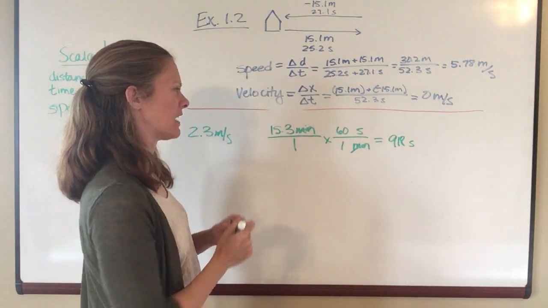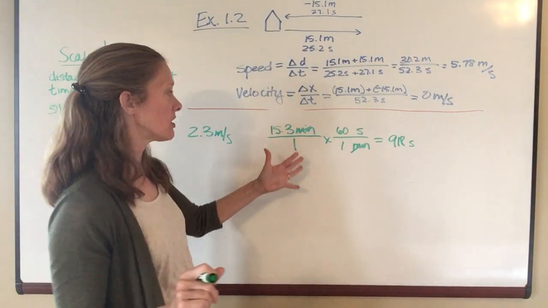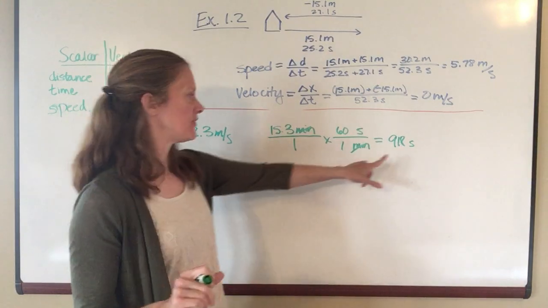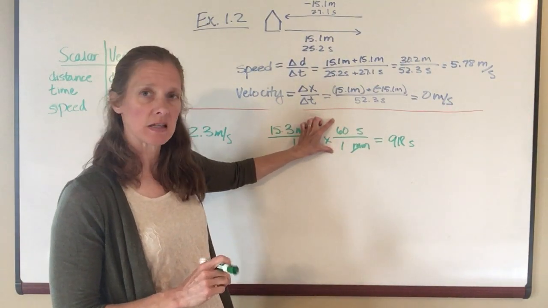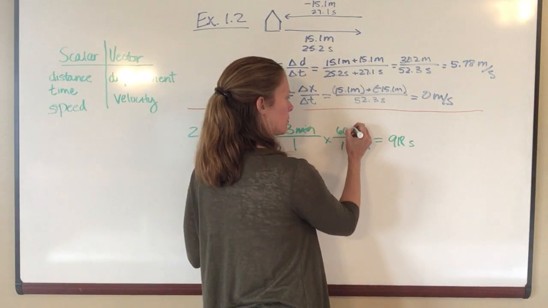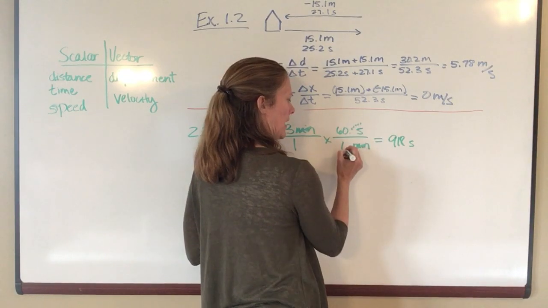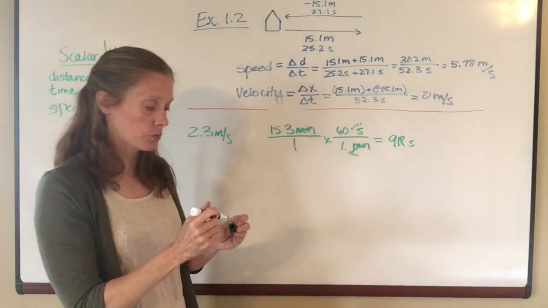Now, you may be looking at that going, Mrs. Thompson, you didn't obey significant figures. Actually, I did. This has 3 and this has 3. There are exactly 60 seconds in 1 minute. And so you could think of this as being 60.00000 and 1.0000 and an infinite number of zeros afterwards.